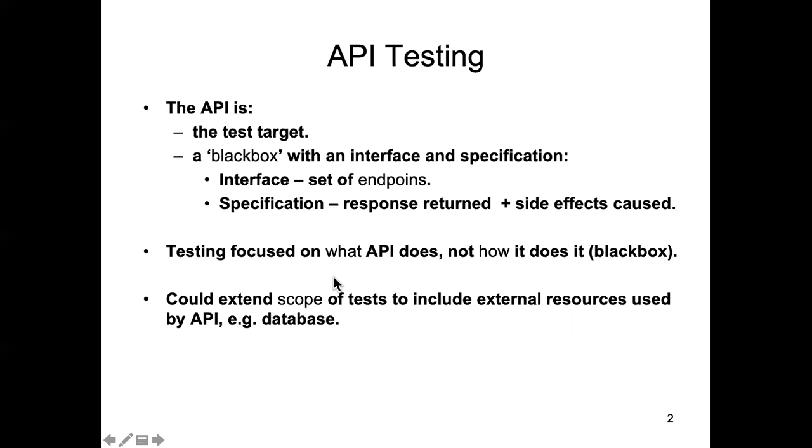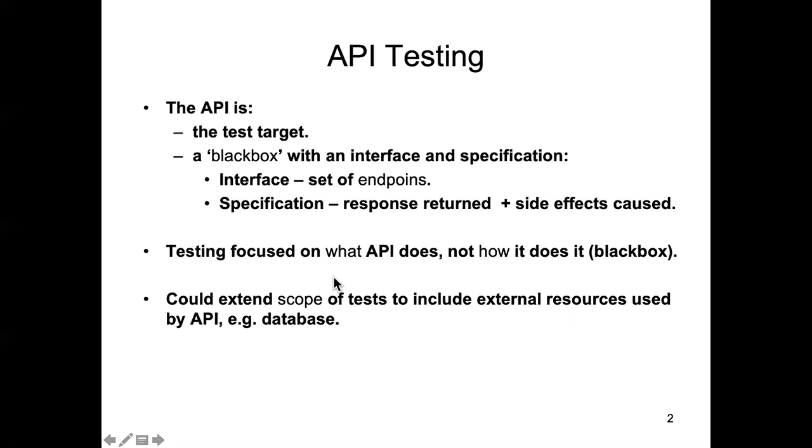Now, from a testing point of view, that's all we need to know about that particular endpoint. How do we invoke the endpoint and what does it return back to us? We don't care about the internal workings of the endpoint code. Hence, we're treating it as a black box. So our focus again is on what the API does, not how it does it.